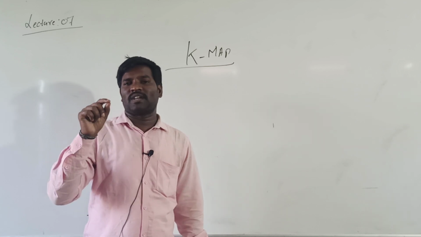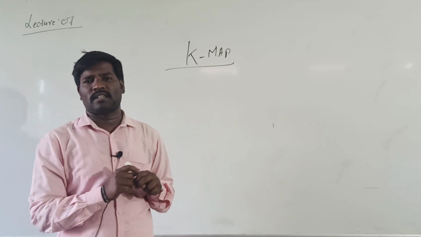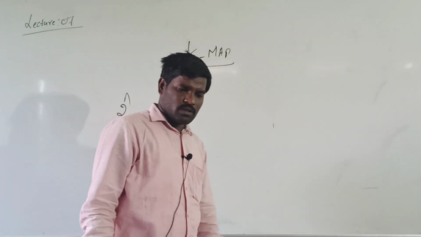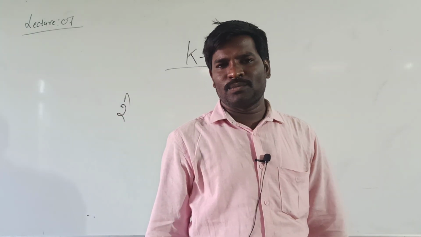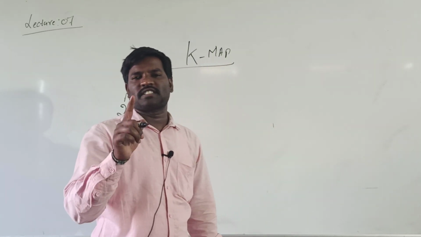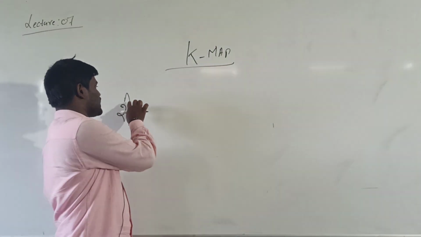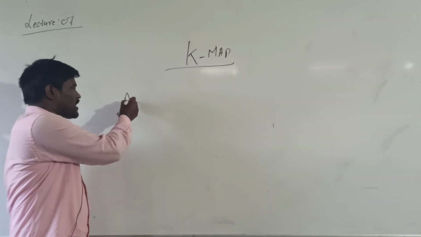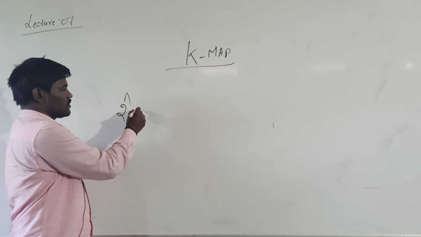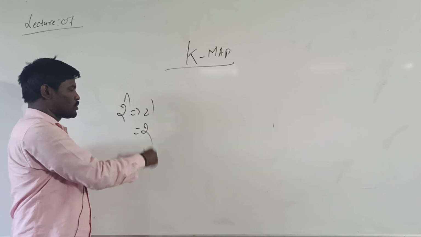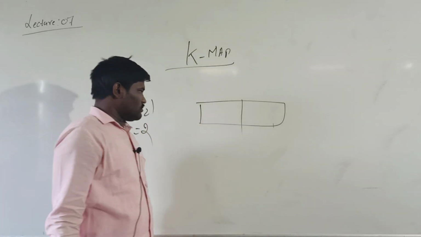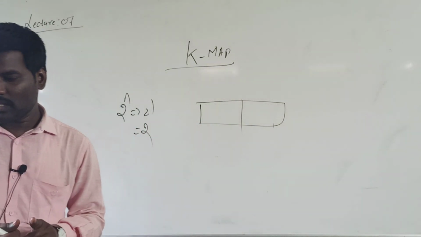How many squares are present in the single variable K-map? The general formula is 2 to the power of n. 2 is the base of binary, n means the number of variables. For one variable we substitute 1 here, so it is 2 to the power of 1, that is 2 boxes.